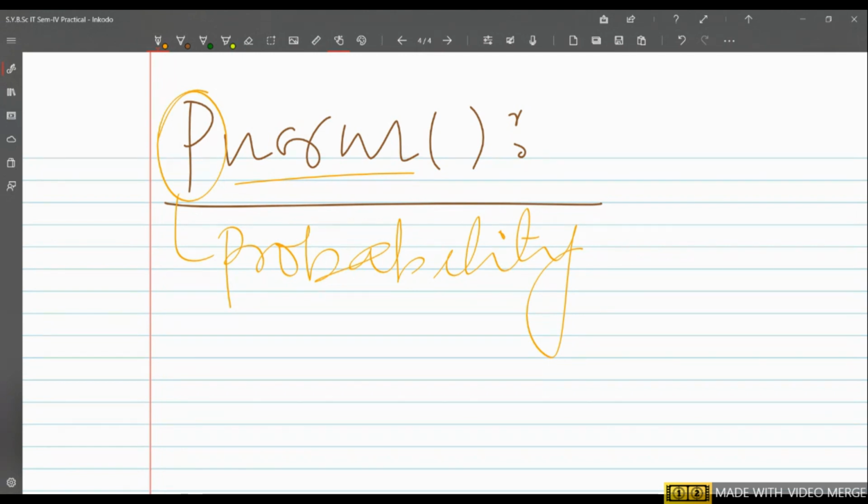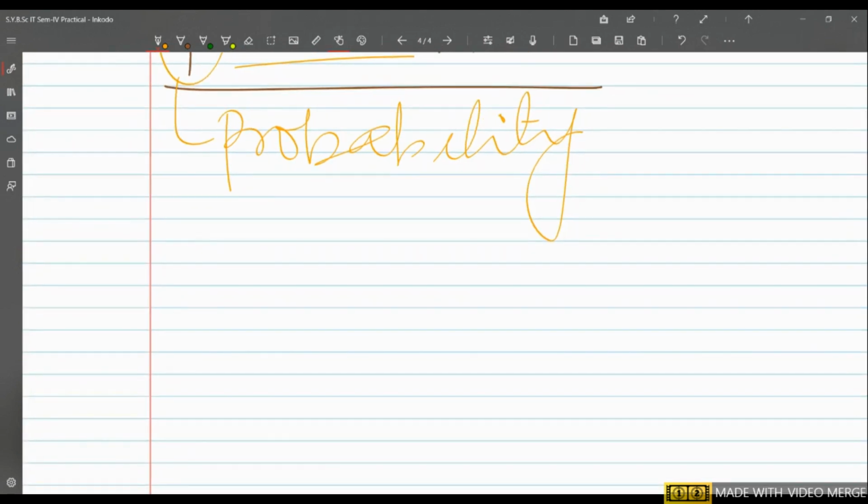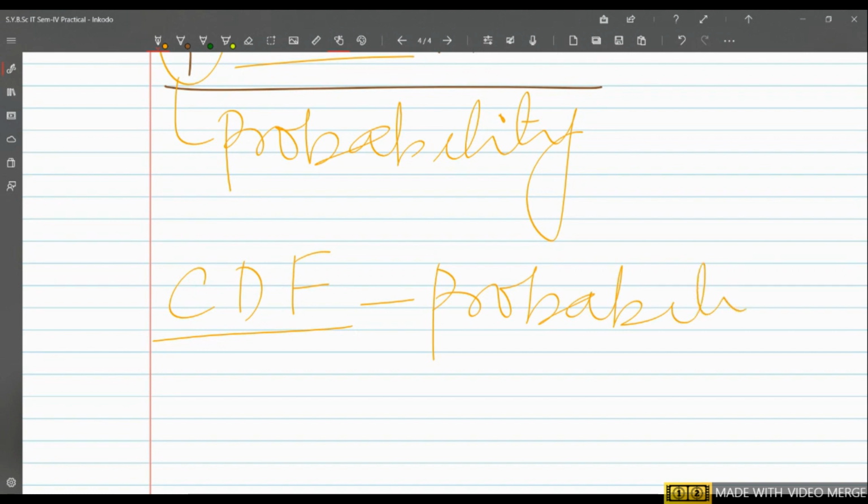This computes the cumulative distribution function, that we simply call CDF. What is CDF? CDF is nothing but the probability of a number from the data set.